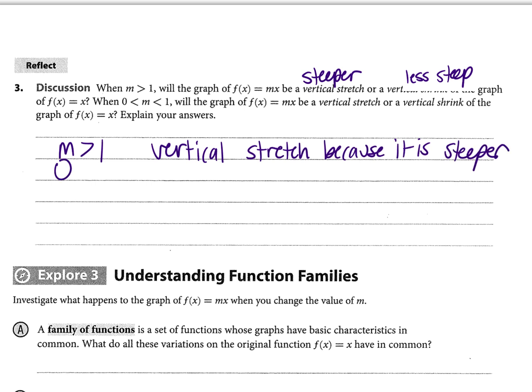If the slope is between 0 and 1, such as 0.5, 0.2, 0.13, those are going to be a vertical shrink. Because it's less steep.